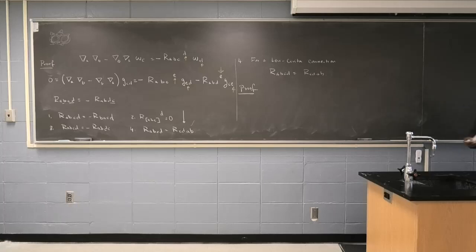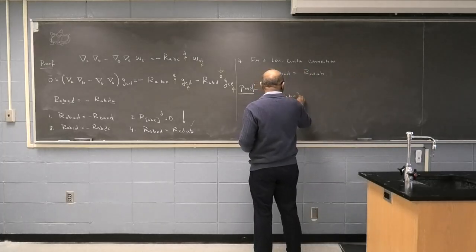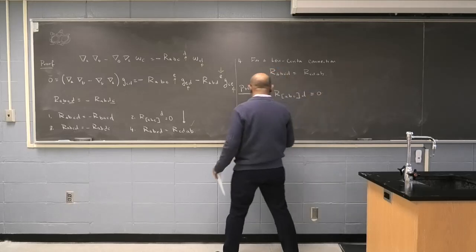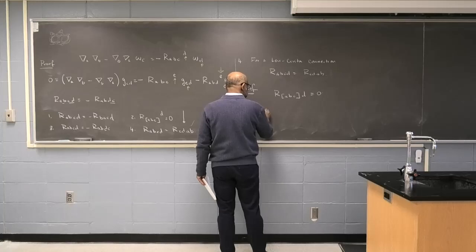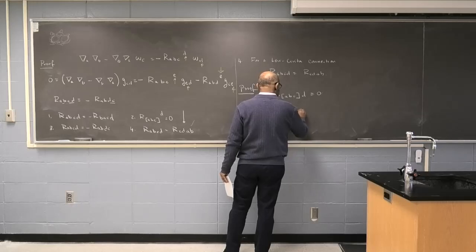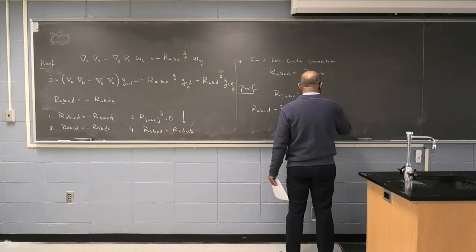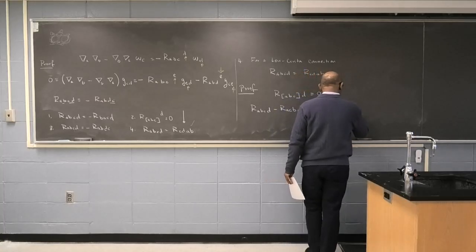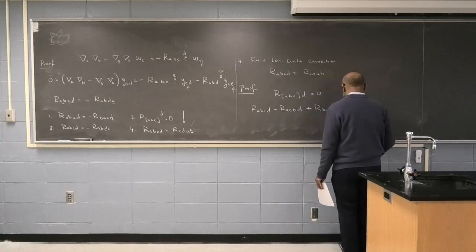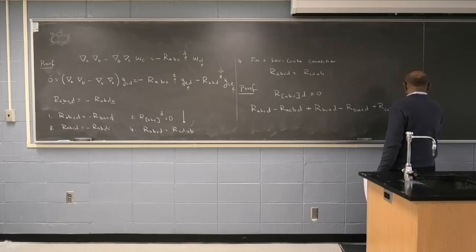So what I'm going to do is begin with what we know. That means R, A, B, C, D minus R, A, C, B, D plus R, B, C, A, D minus R, B, A, C, D plus R, C, A, B, D minus R, C, B, A, D equals 0. It's 1/6 of that.